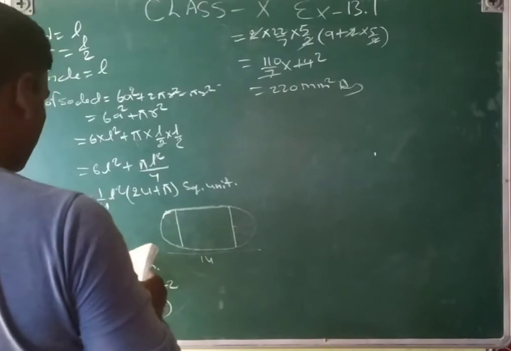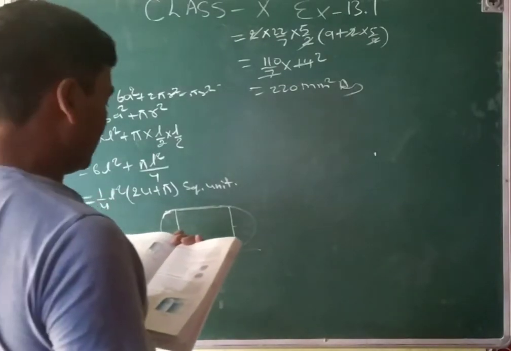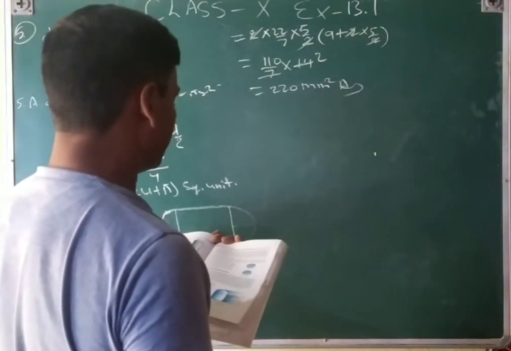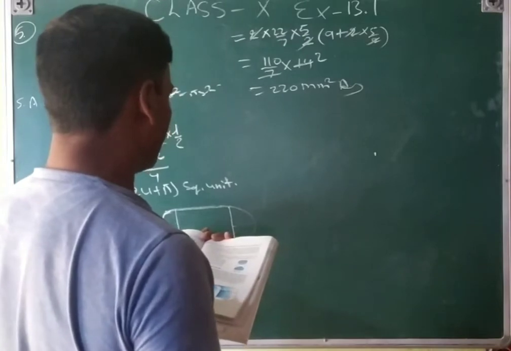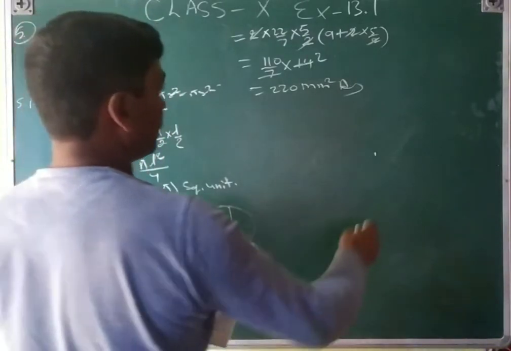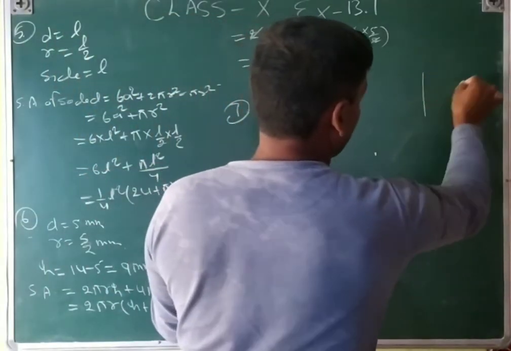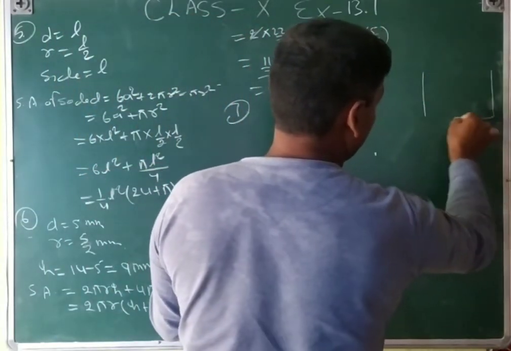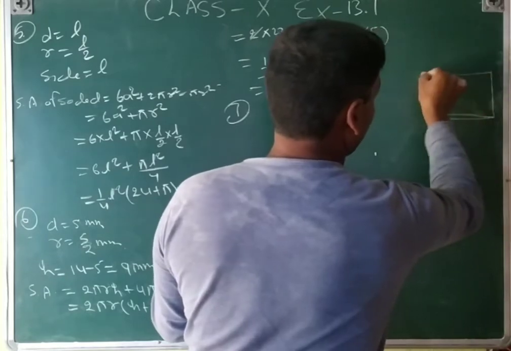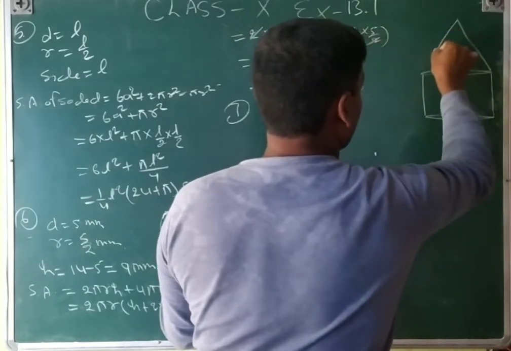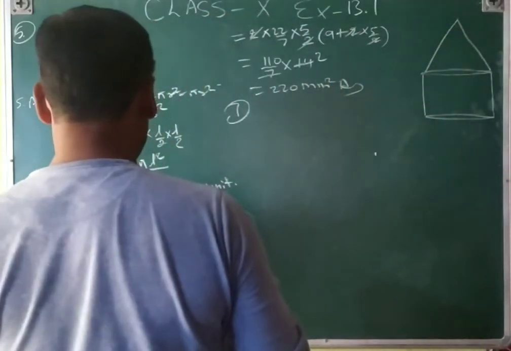And then 7th question. A tent is in the shape of a cylinder surmounted by a conical top. That is the conical top. So the cylindrical tent is made, and then a cone is also put there.